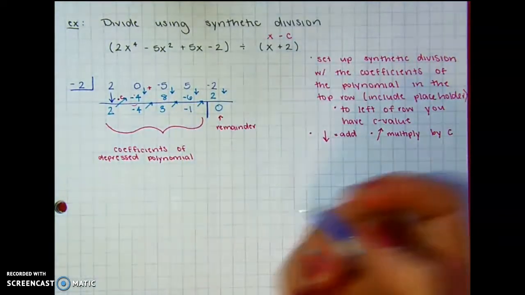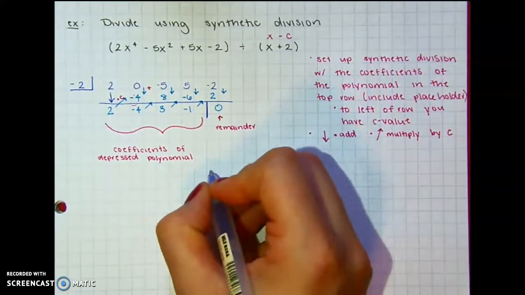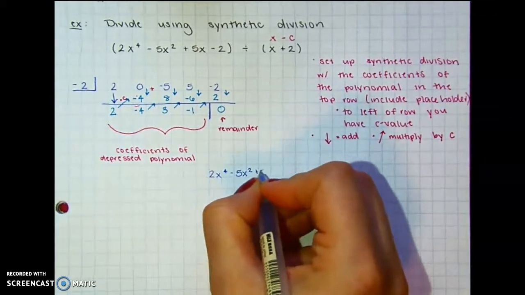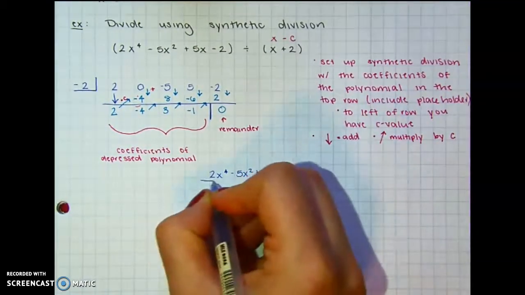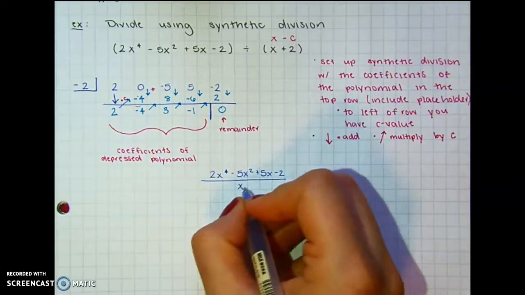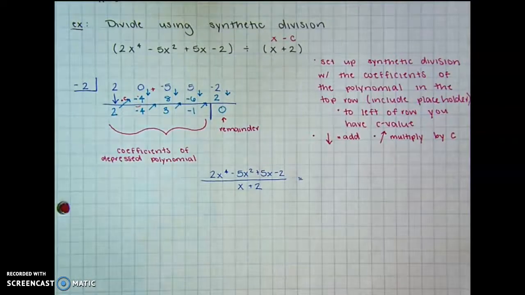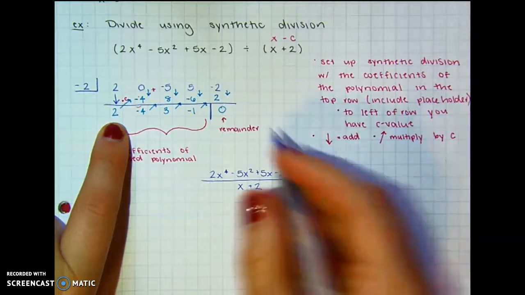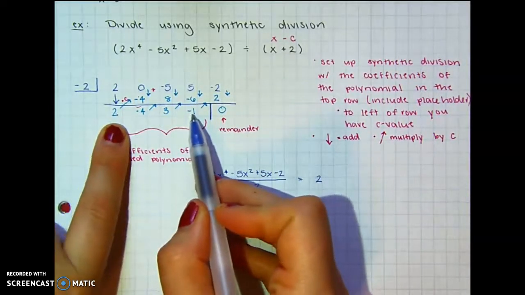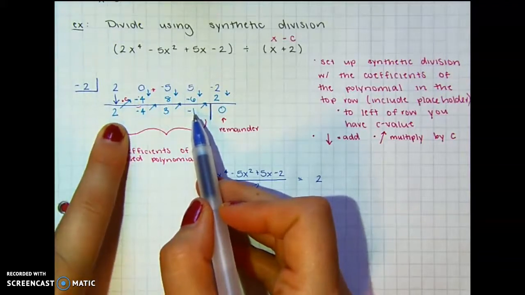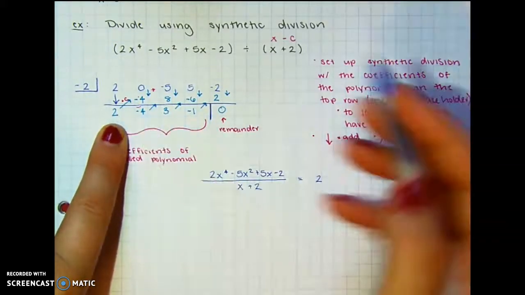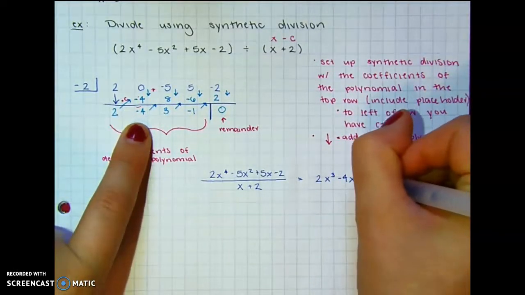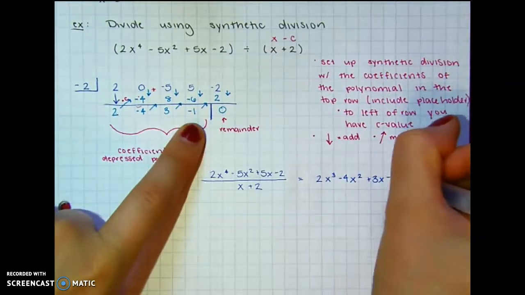So our conclusion is 2x to the fourth minus 5x squared plus 5x minus 2 divided by x plus 2 simplifies to, and then we just use these coefficients. So it's going to be 2, and then if this is our constant, this will be x squared, x cubed. So this will be 2x cubed minus 4x squared plus 3x minus 1.